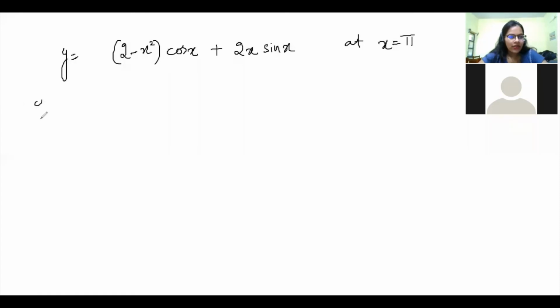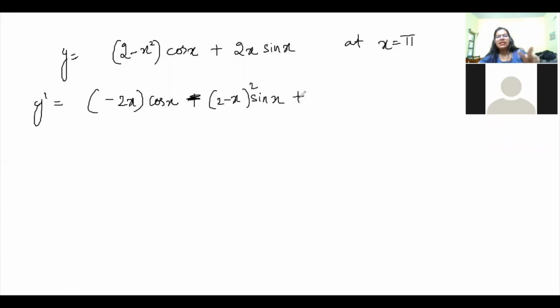So what will be the derivative of 2 minus x square? It is going to be minus 2x, of this cos x, right? And then what will be the derivative of cos x? It is going to be (2 minus x square) into minus sin x.